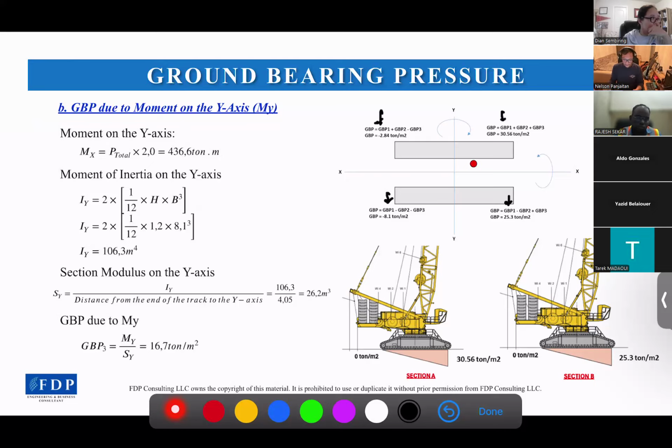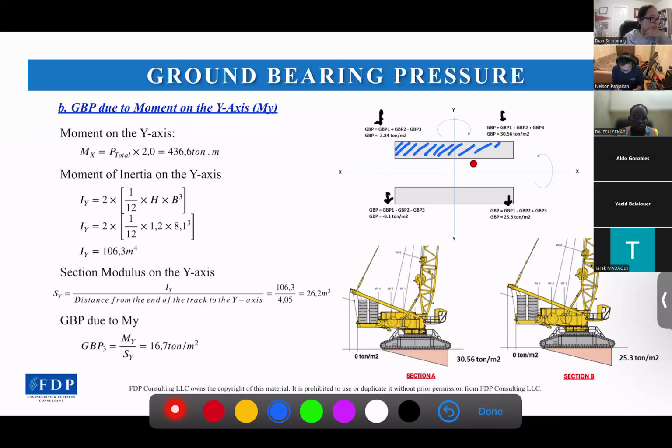As I have explained before, the direction of this moment gives more pressure to the tracks at Y positive, so it gives more pressure to this side.